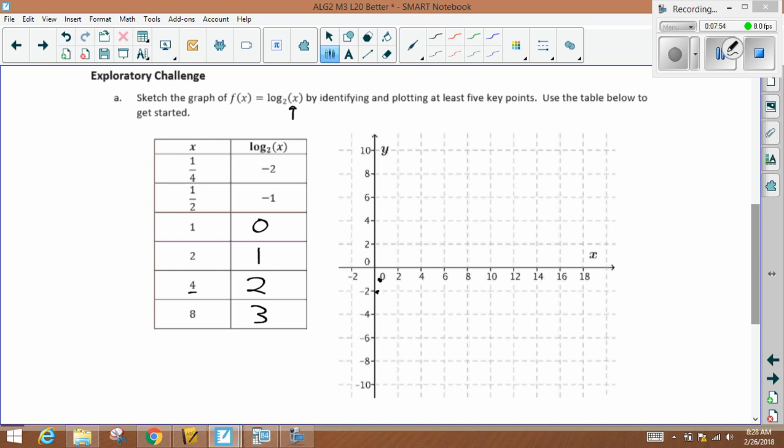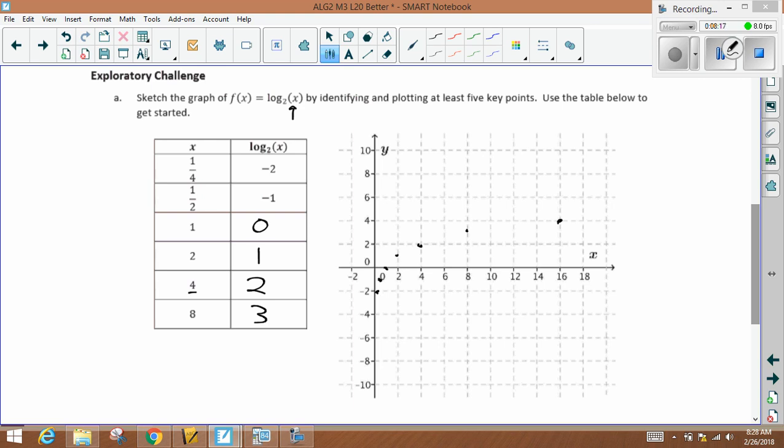I don't know, something like there, maybe. And then (1, 0) is right there. And then we have (2, 1), (4, 2), and (8, 3). Hey, let's go ahead and take it out to 16. Wouldn't that go right there? It sure would.